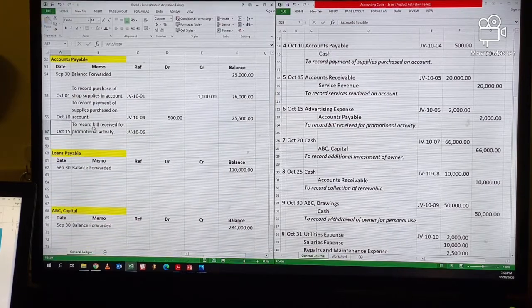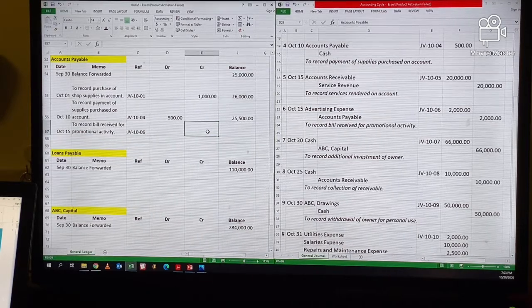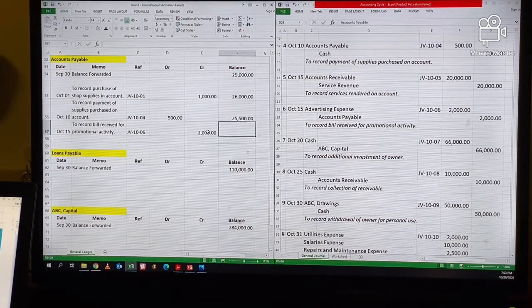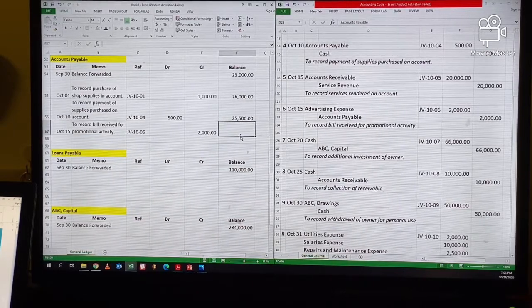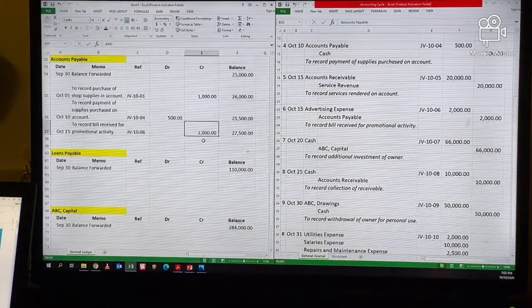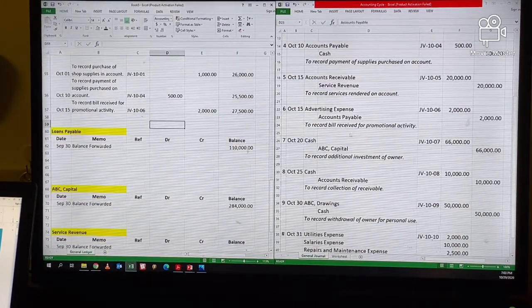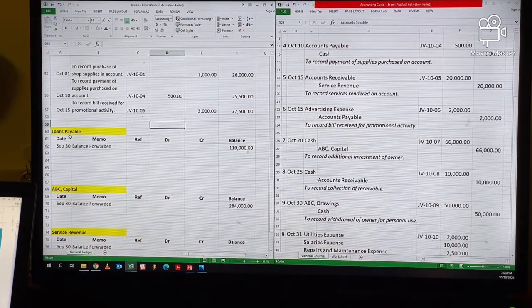Yung date, this is the proper way how to prepare your general ledger. Siya ay credit ng 2,000. Dahil credit, nadagdagan ang inyong payable. So, plus yan, 25,500 plus 2,000. Lagi ako nagsisave. Hindi ko pa nga pala siya nagsisave. So, okay lang yan.